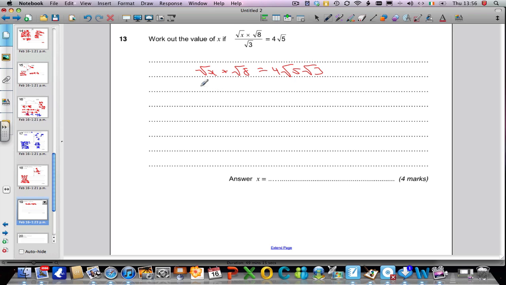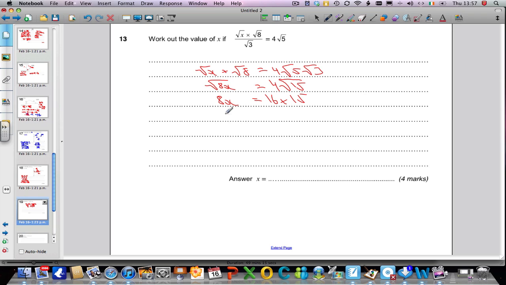Let's start to tidy things up a little bit. Well, root x times root 8 is the same as the square root of 8x, and root 5 times root 3 is the same as root 15. Now if I square both sides, we get 8x equals 16 multiplied by 15.